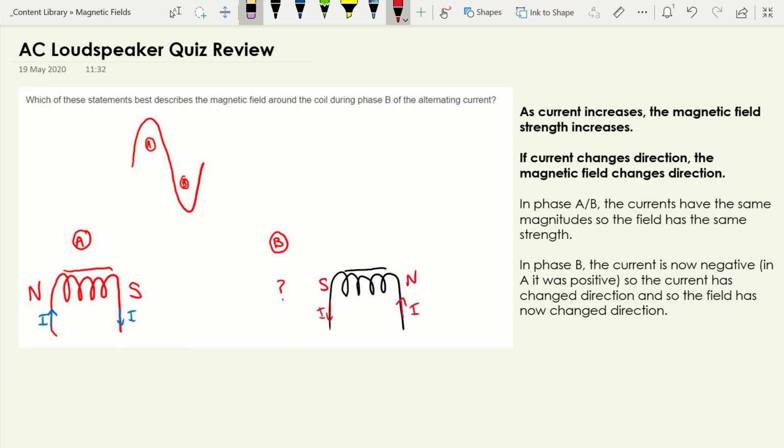So if we look at the graph, the values of current that B goes through are the same as it goes through for A, but they're negative instead of positive. So we haven't changed the strength of the field at any point. But what we have done is we've reversed the current. So that means the magnetic field around the coil is now in the opposite direction.